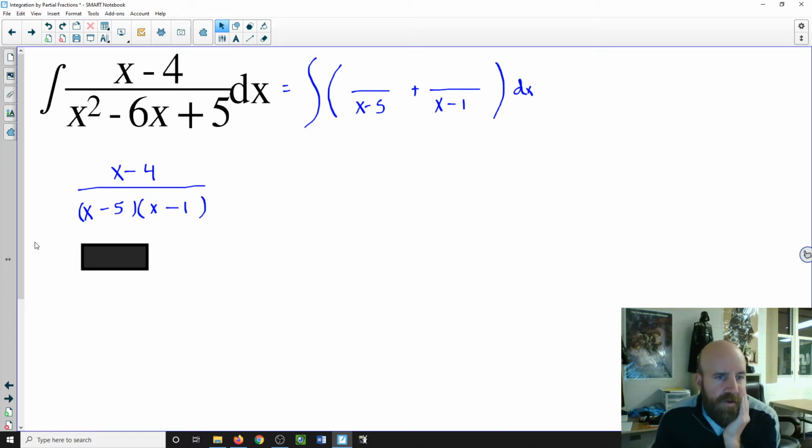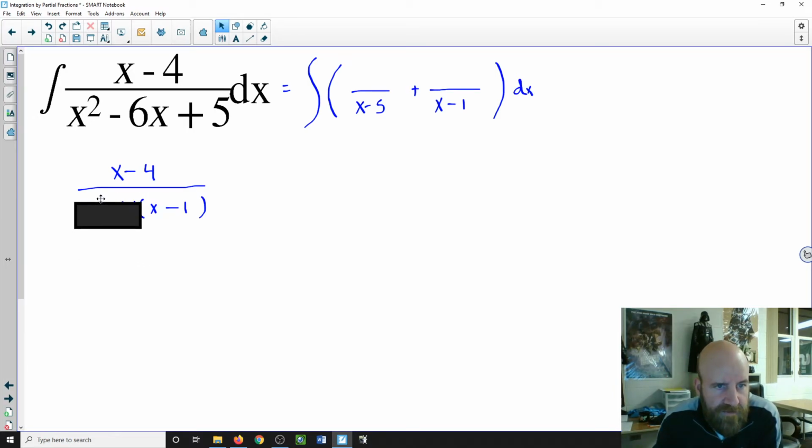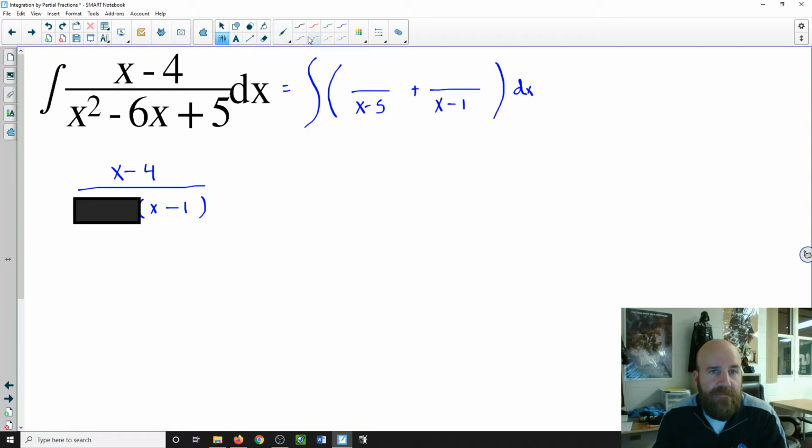So what we do is we look at the first factor and we think about what would make that factor 0. If I were to plug a 5 in, 5 minus 5 is 0. So x is 5. Okay, so we have 5 in our mind. We're going to cover that factor up, the one that we just zeroed out, and plug 5 into all of our x's on the top and the bottom.